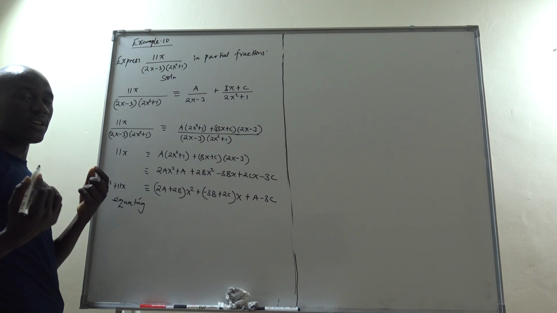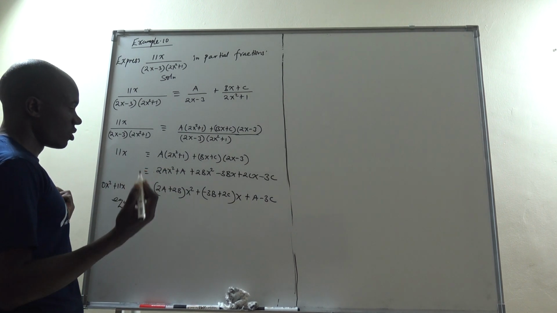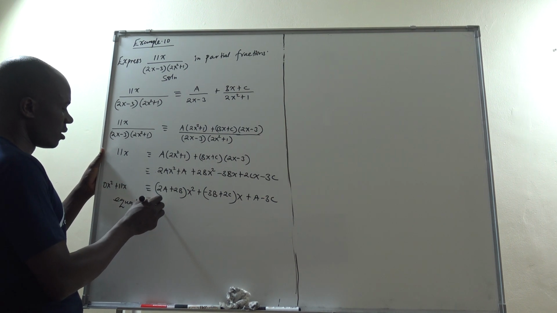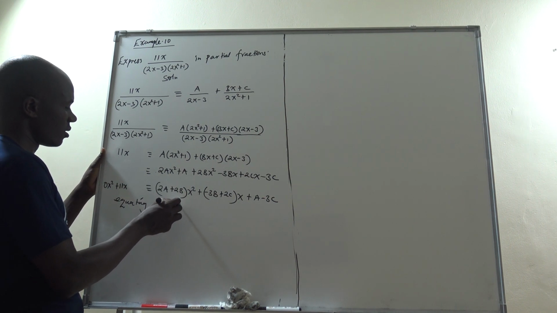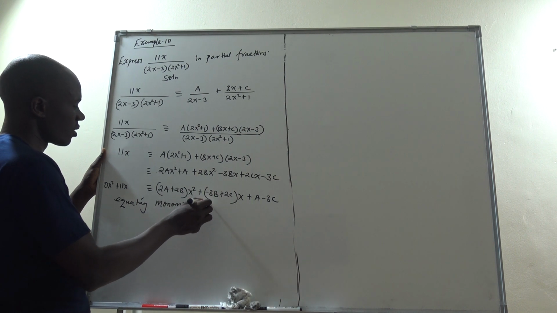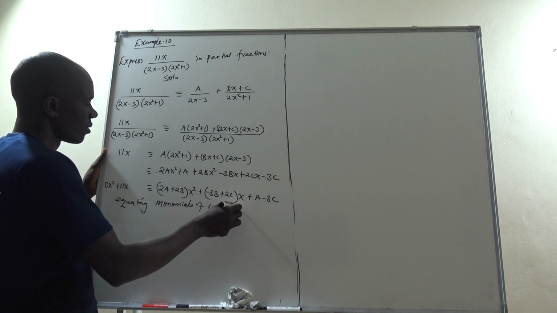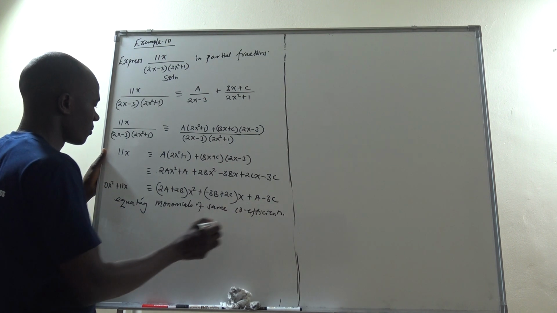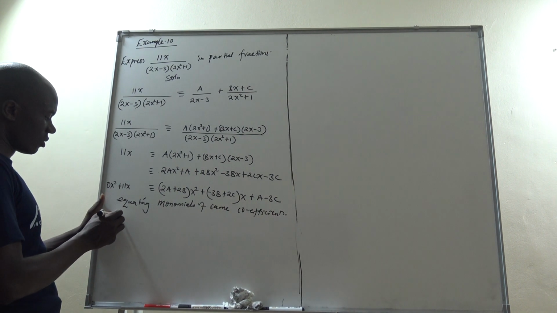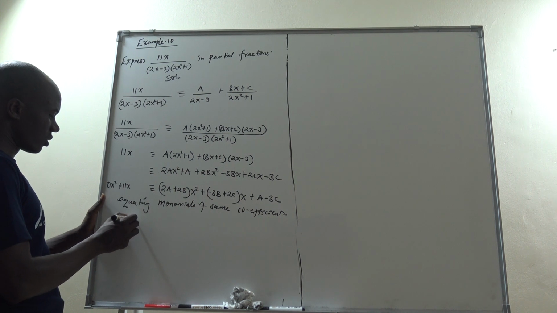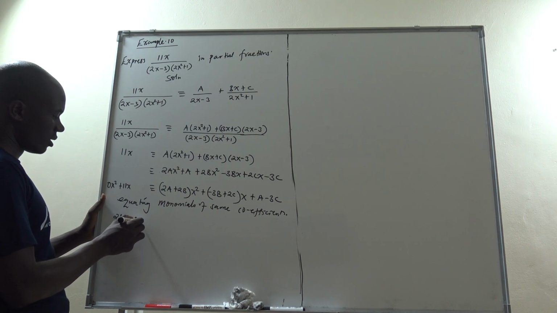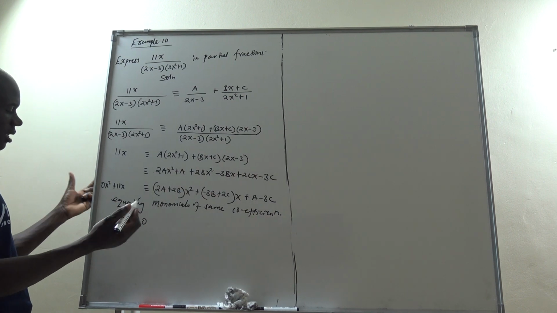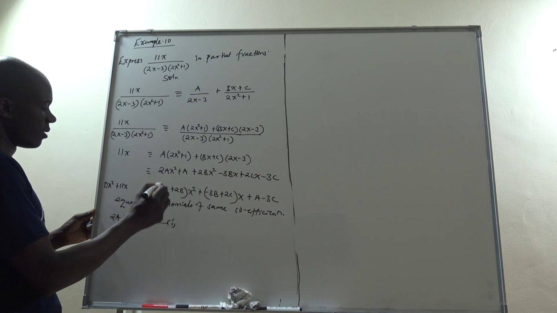Even you can use the covering up method, but you see which one can easily help you to get something. Equating monomials of the same coefficient, we start with 2A plus 2B equals 0. Call this equation 1.